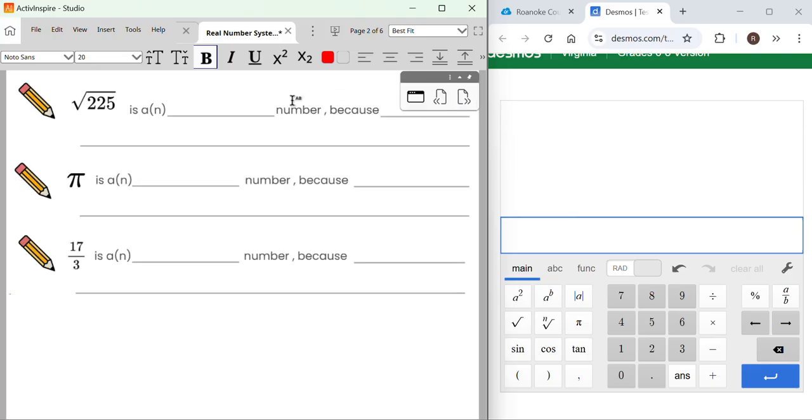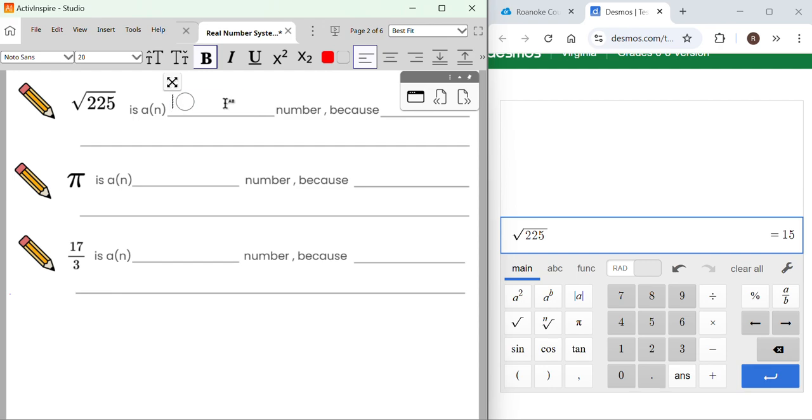For example, let's look at the square root of 225. That is equal to 15. That is a beautiful number with absolutely no kind of decimal doing anything.